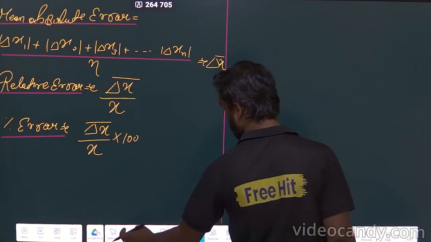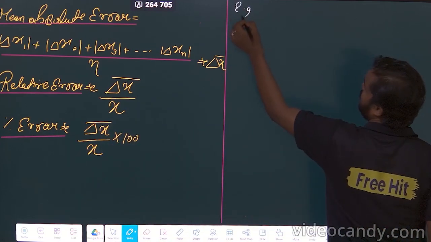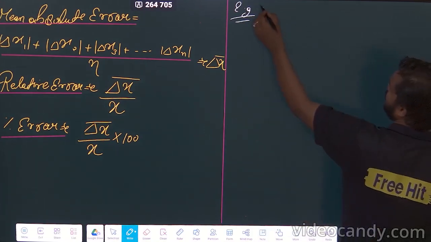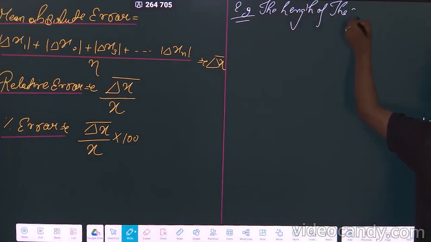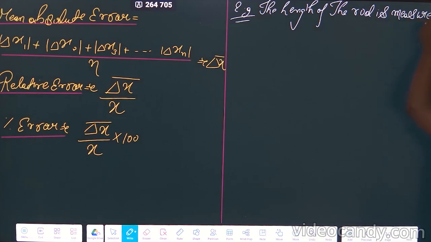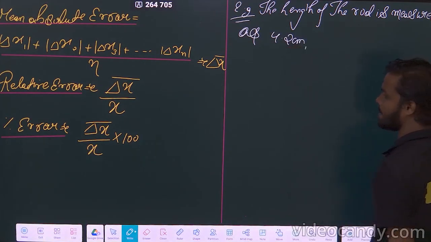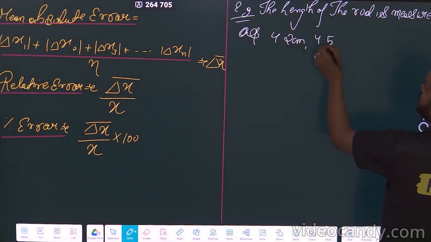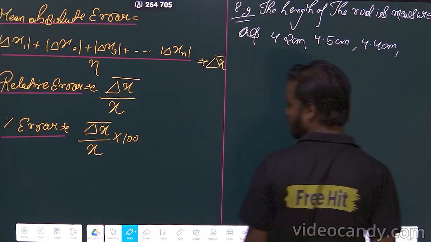It's a simple example. Suppose I measure the length of a rod, and it is measured as 4.2 centimeter, 4.5 centimeter, 4.4 centimeter, then 4.3 centimeter and 4.6 centimeter.